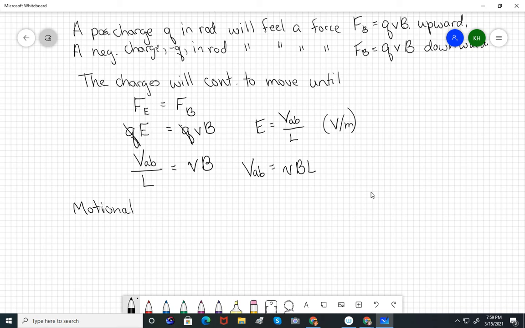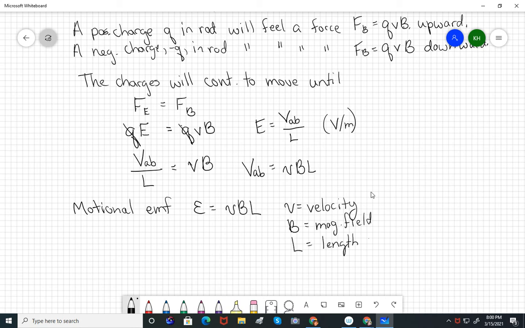Motional EMF, E is equal to vBL. v is the velocity. B is the magnetic field strength. And L is the length of the rod, or the conductor. Now, we have to be careful because the motion needs to be perpendicular.